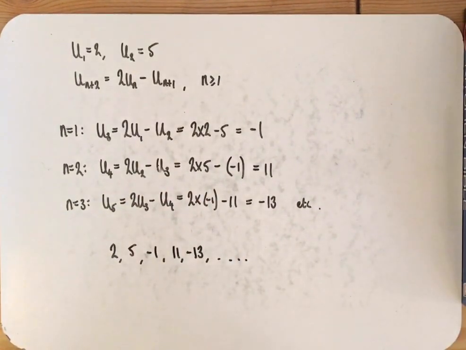So that definition takes you from term to term. It's also called a recurrence relationship. So I just want you to start by doing a little bit of work on this.